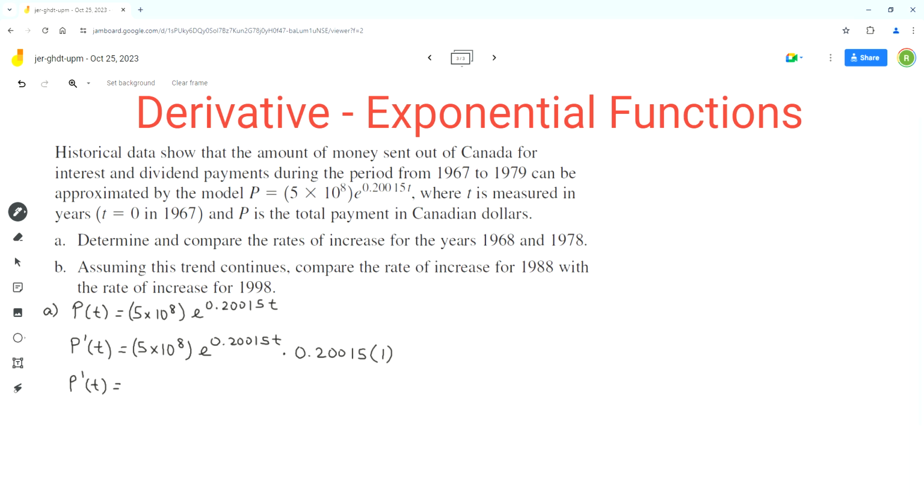So I got 100,075,000 times e to the power 0.20015 t. This is the expression for the derivative of the given function P. Now we have to find the rate of increase for 1968 and 1978.